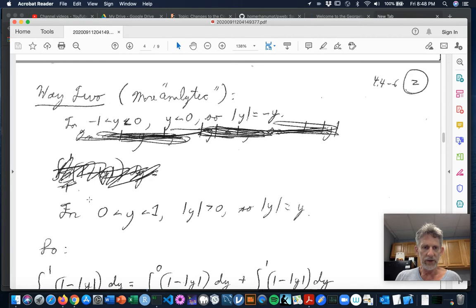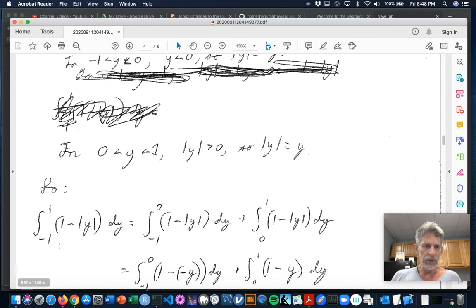And for y's from 0 to 1, that should say just y is bigger than 0, not absolute value of y bigger than 0. So I'll make that change. Anyway, since y is positive, the absolute value of y would just be y.